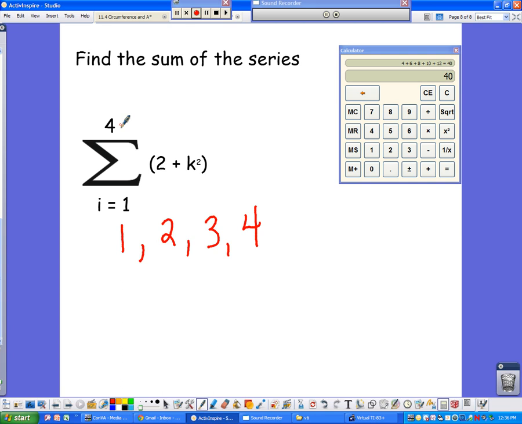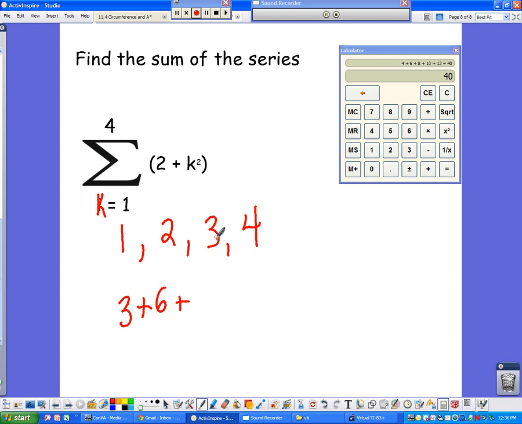Okay? So our first one, this is our formula, so we're going to take our k squared, and we're going to square it. So 1 squared is 1. 1 plus 2 gives me, first term is 3. Plus, now we're going to do 2 squared. 2 squared is 4. 4 plus 2 gives us 6.